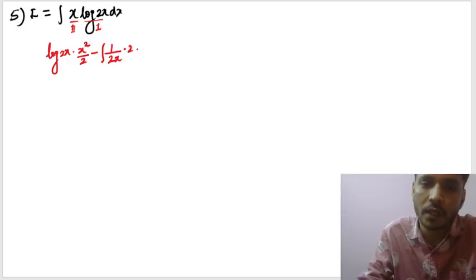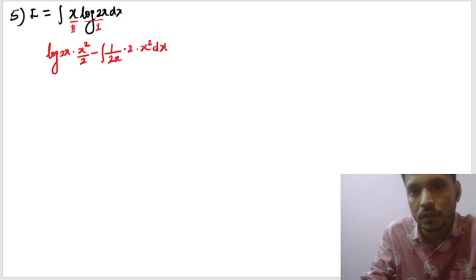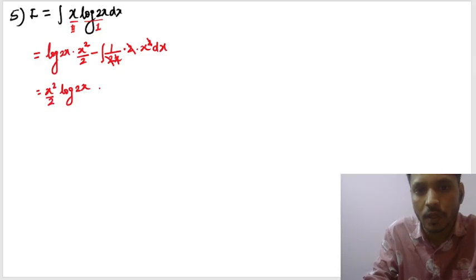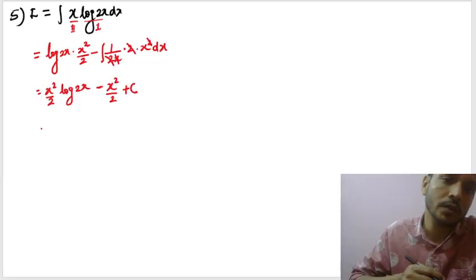And then integration of the x is x square into dx. So here this x square and this x will cancel, this 2 and this 2 also will get cancelled out. Means here we can write it as x square by 2 log 2x, and minus, just we have x here, so it is x square by 2 plus c. Correct? So this is the answer.